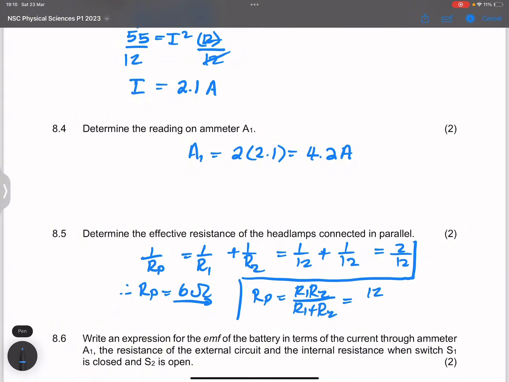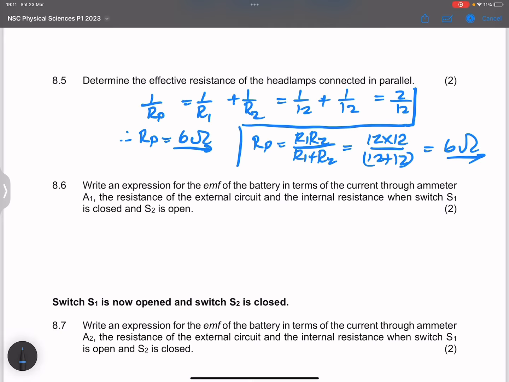Okay, right, now they say to us, write an expression for the EMF of the battery in terms of the current through ammeter A1. So we know that the EMF would be I times R plus the internal resistance, right? So they said we must write it in terms of the current in A1.